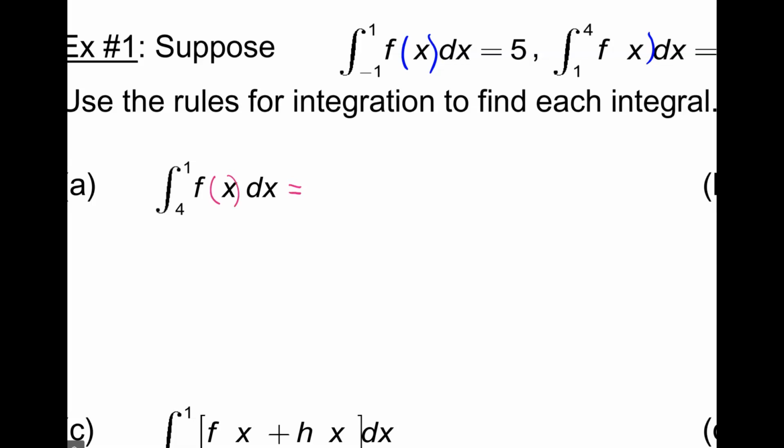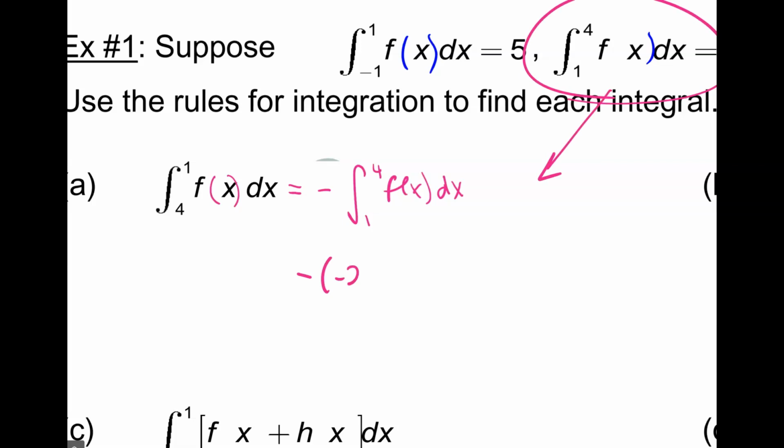Because it's the opposite of the 4 and 1. So I could switch the bounds, the up and down, as long as I add a negative sign out front. So it's just going to be equal to negative the integral from 1 to 4 of f of x dx. Well, that's exactly what we have up here. So it's just the negative of negative 2, which is going to be a positive 2.